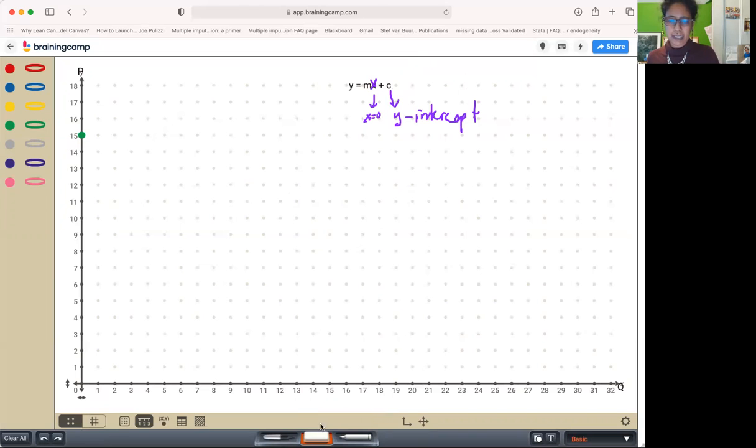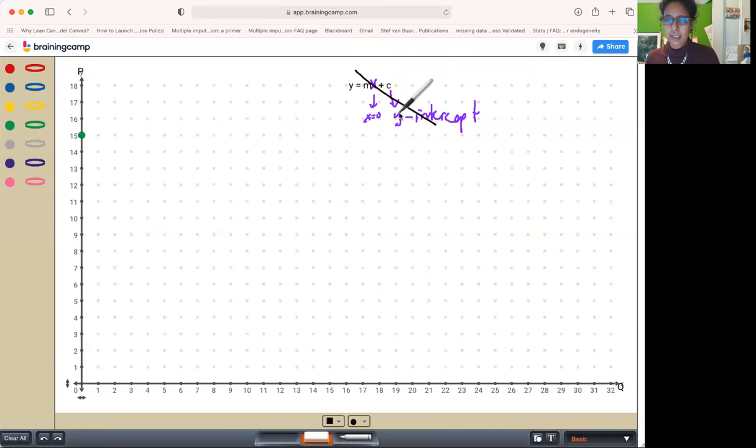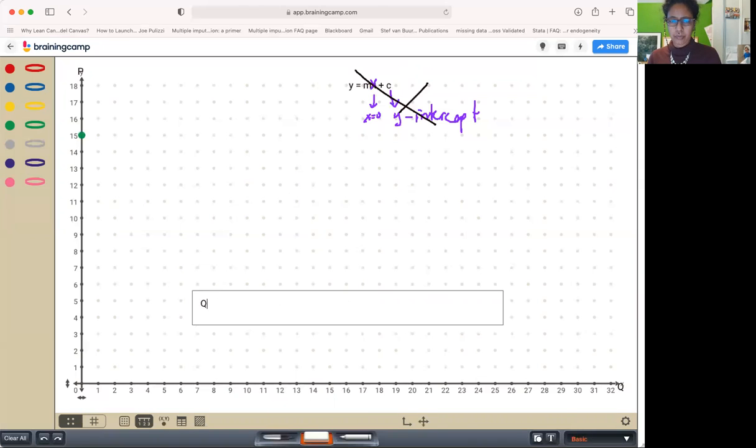But in economics, somebody decided to do things a little bit differently, so I'm going to cross that out. What's the difference? The difference is that the dependent variable, the variable that's going to be dependent on something else, is Q, and I'm going to talk about demand first. Quantity demanded is a function of price, right?